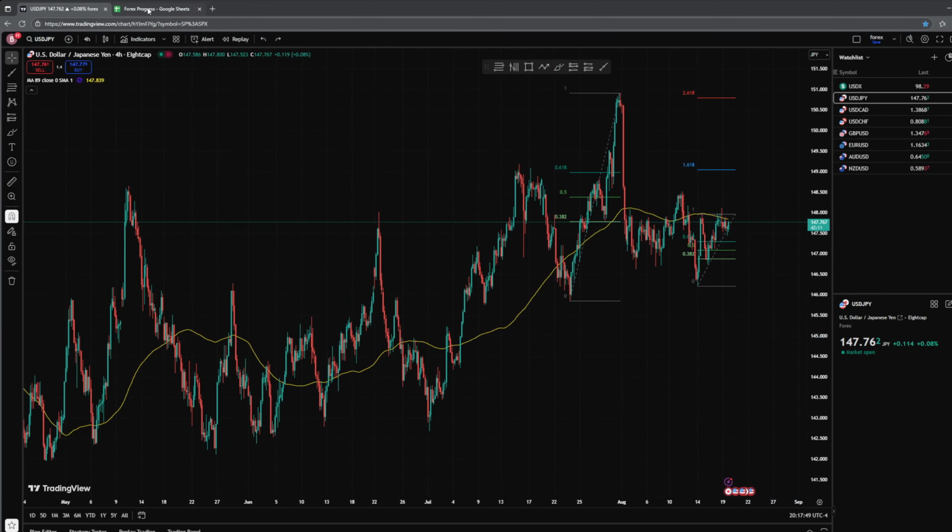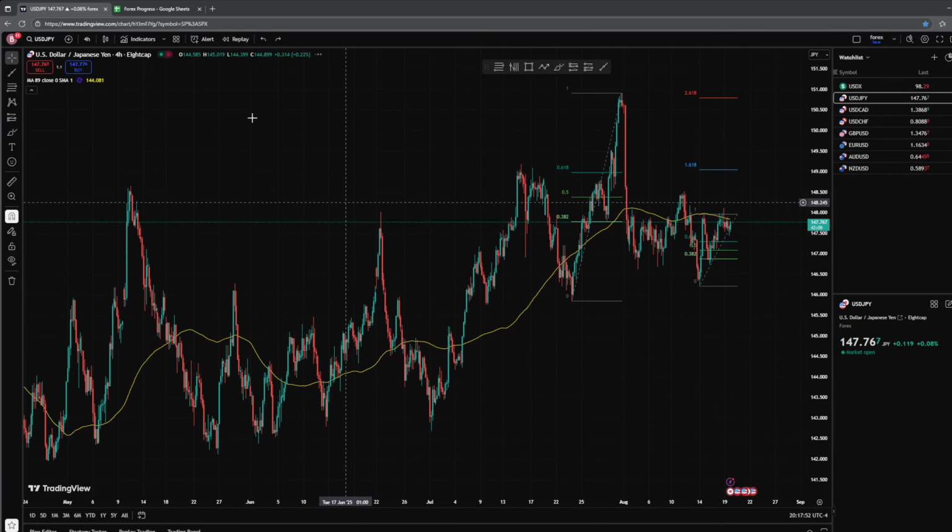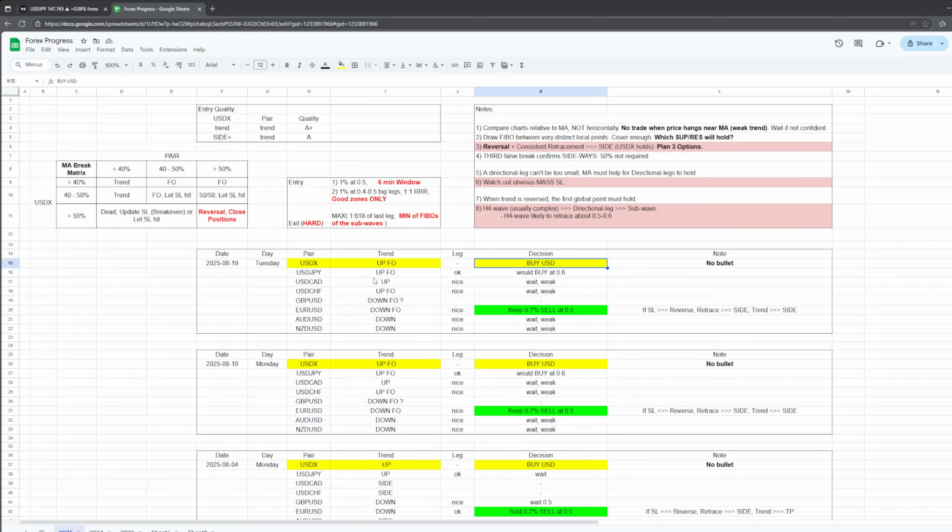Okay, so let's write it down. USD Japan Yen, trend is up, currently doing the fake out, leg size is okay, and it would be good to buy USD Japan Yen right now because it's at the 60% retracement.